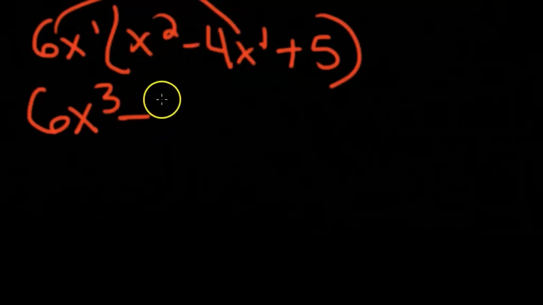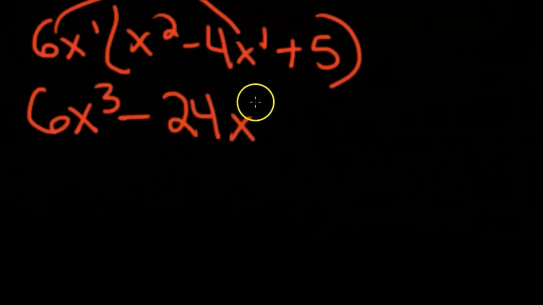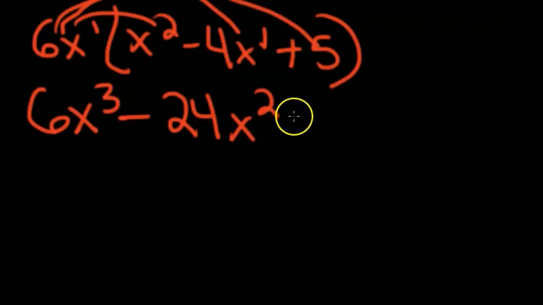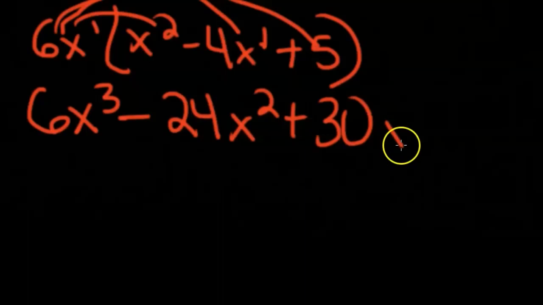So we have negative 24x squared. So now we do 6x to the first power times 5, which gives us a positive 30x. So then our answer will be 6x cubed minus 24x squared plus 30x.